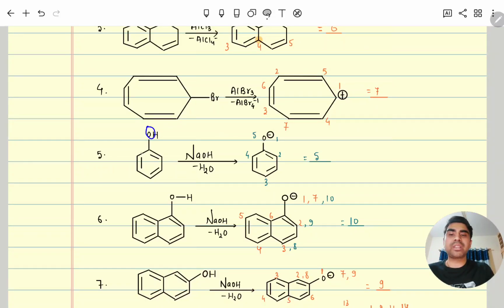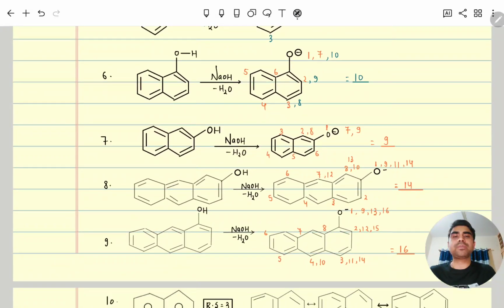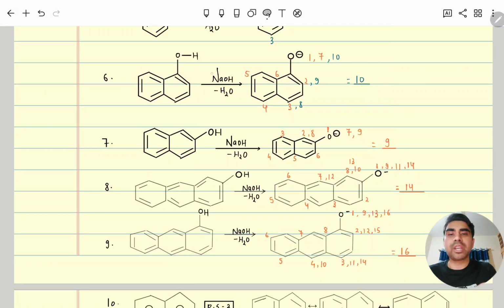Similarly here O minus is there. So O minus, this phenoxide ion, with respect to this 1, then after 2, then after 3, then after 4, and then after 5. So total 5 resonating. Next you can see this one. So here it is again NaOH, taking that acidic hydrogen, and it became phenoxide ion, sodium phenoxide ion. So here it is the first resonating structure with respect to O minus.